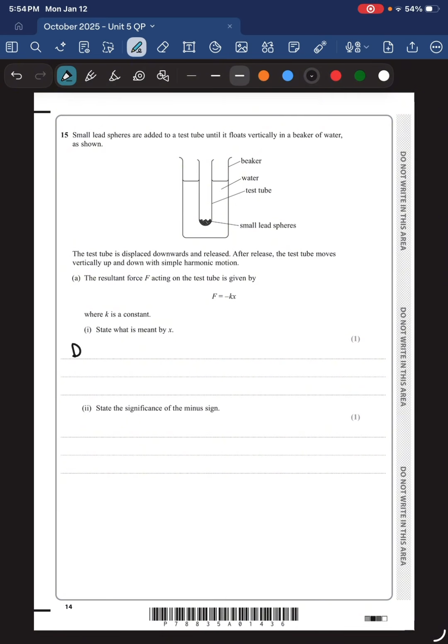So x is the displacement from the equilibrium position. Okay, state the significance of the minus sign. So the force pretty much tends, so I'm going to write it down.